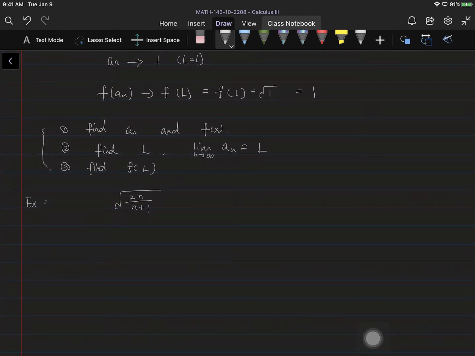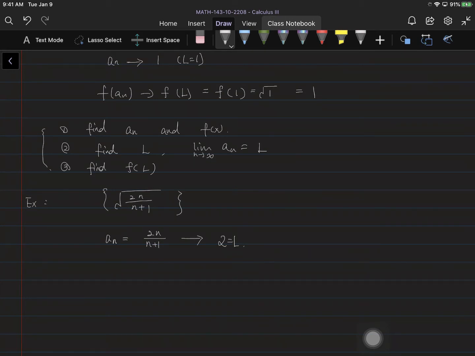For this sequence, convergent or divergent, and what's the limit? Same thing. Here we set up our a_n first, 2n over n plus 1, right? And here we can find L. Actually, what is L? L is the number 2.